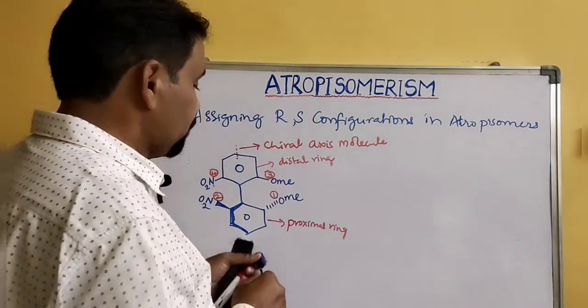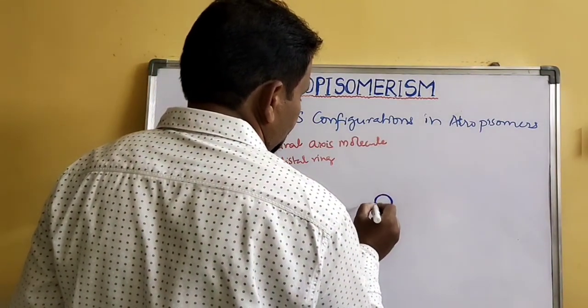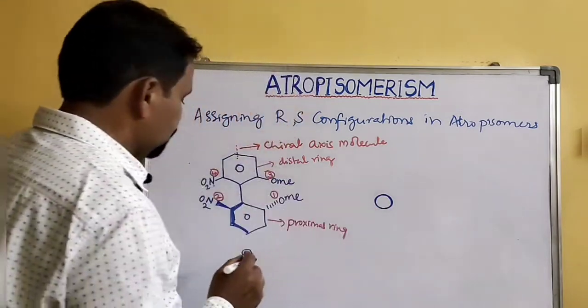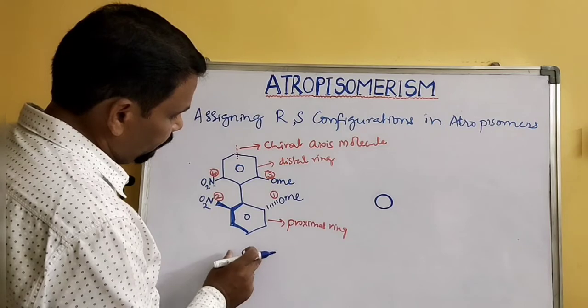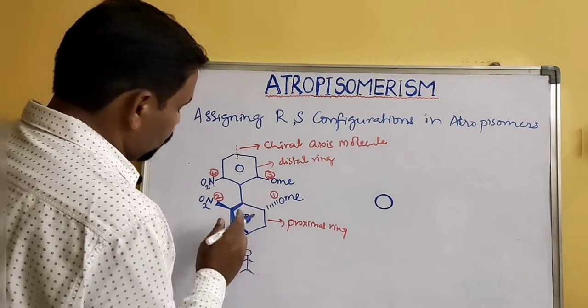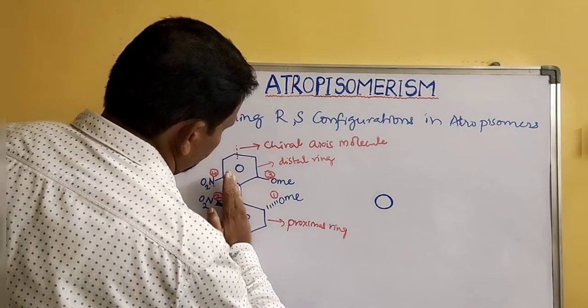Newman projection means, this is the back carbon, and in this case we are viewing from this side, so this ring is in this outer plane.